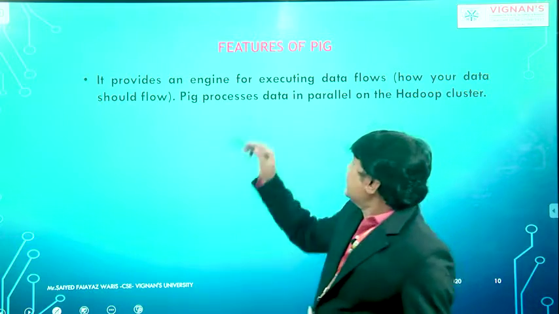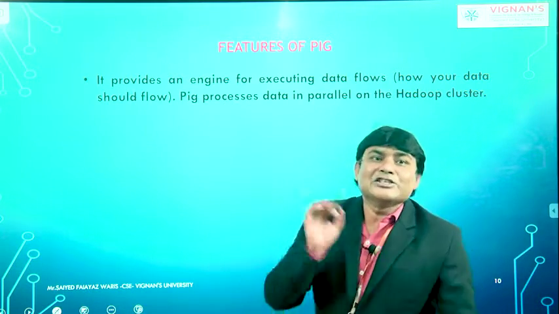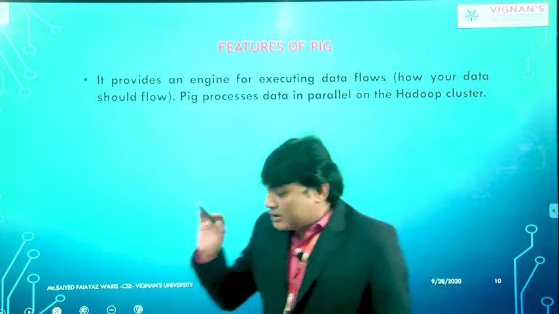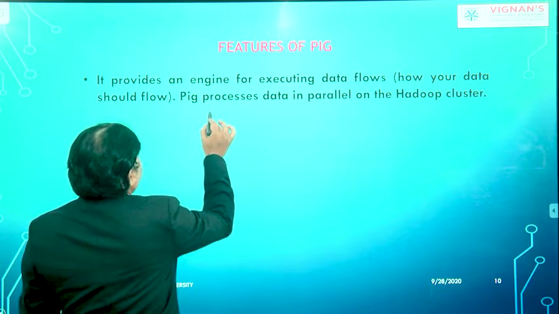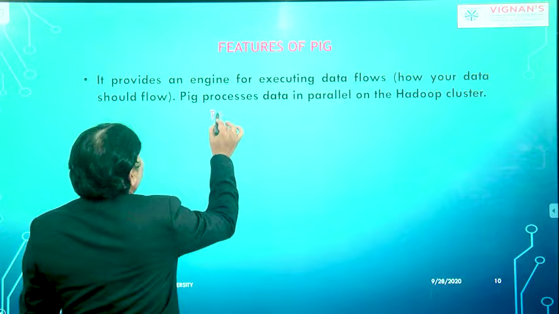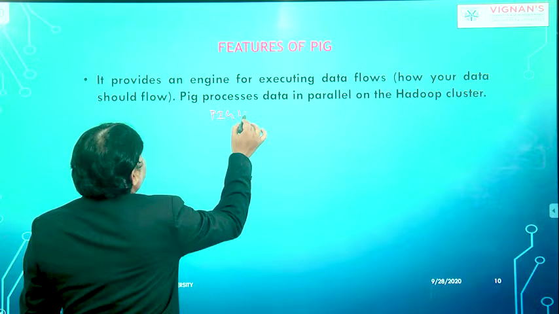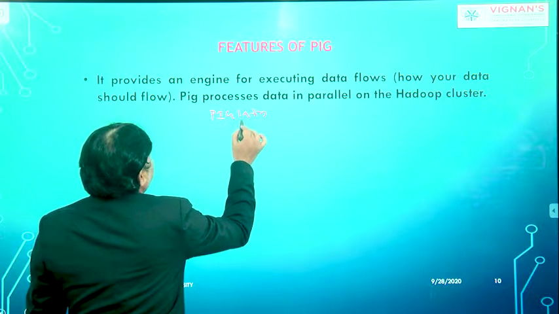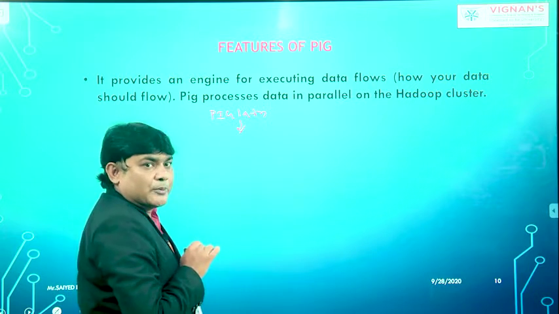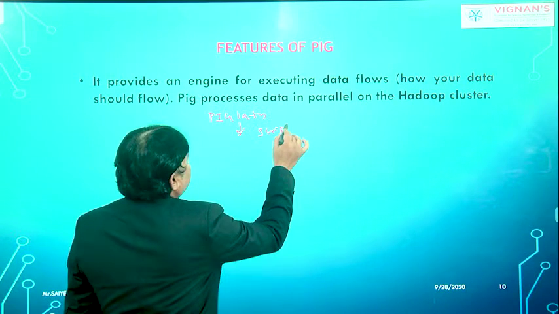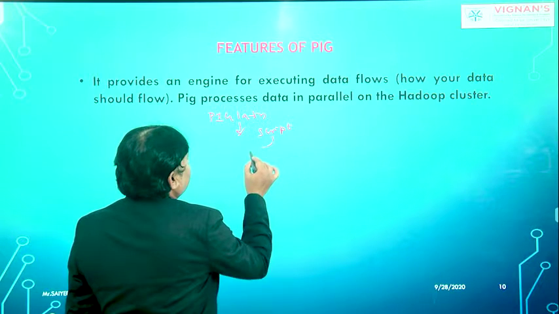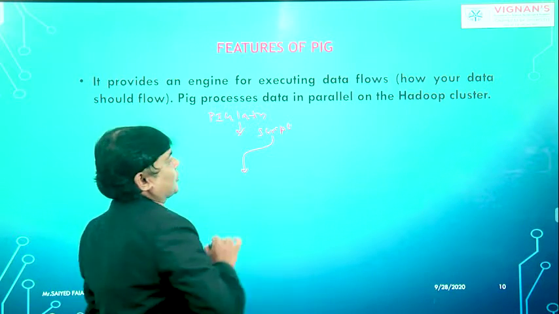So it provides an engine, an execution engine. Using Pig Latin, the language used by Pig, I am going to write some scripts. And this script will be converted into a series of MapReduce programs.